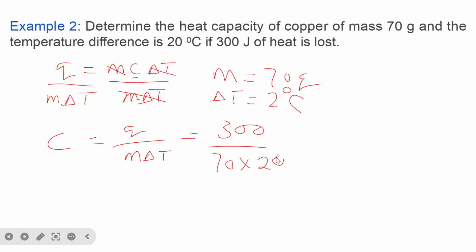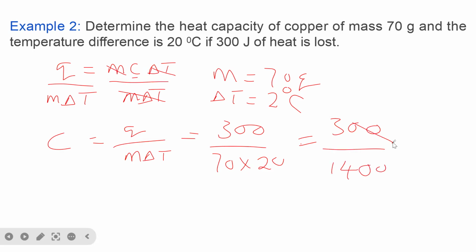Now we have 20 times 70, that will give us 300 divided by 1,400.